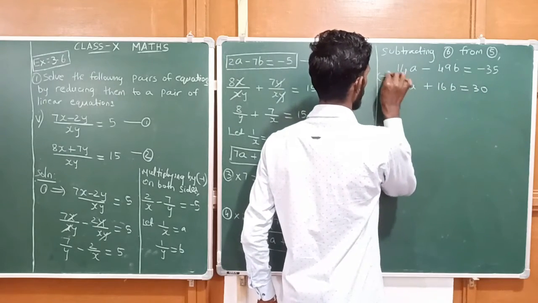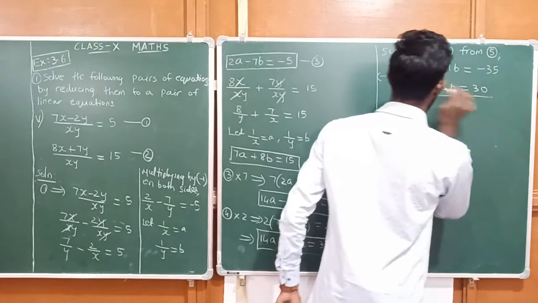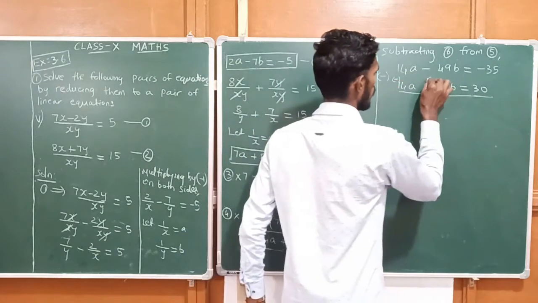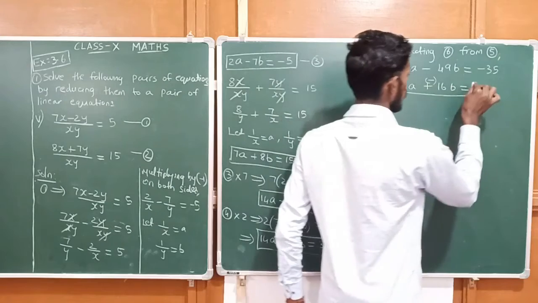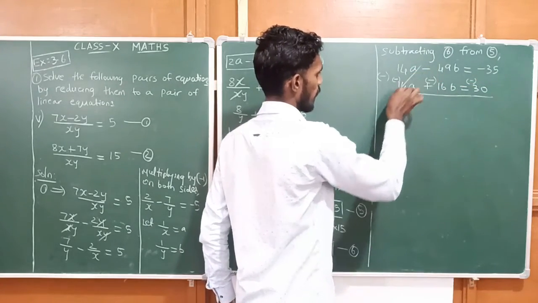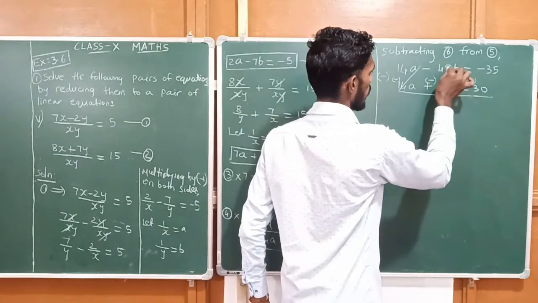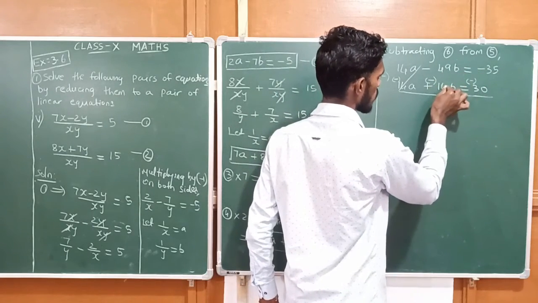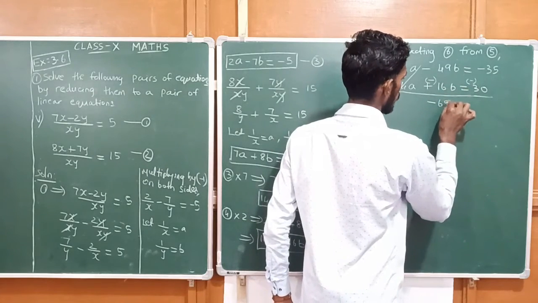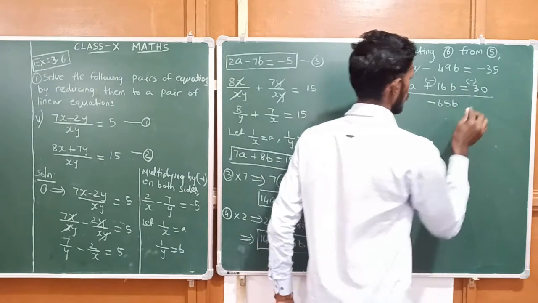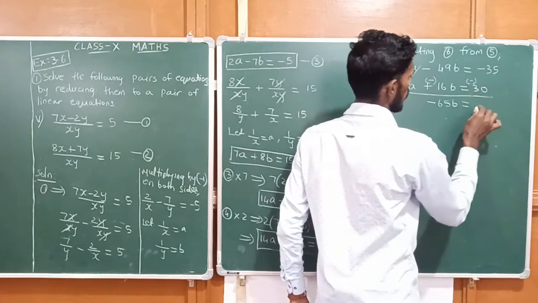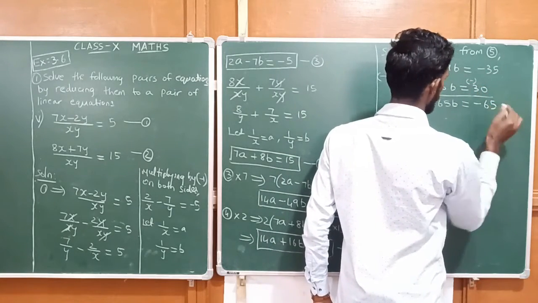Now on subtracting these two equations, the signs of the second equation will be altered. So it is minus 14a, minus 16b, minus 30. So 14a minus 14a will be cancelled, then minus 49b minus 16b will become minus 65b is equal to minus 35 minus 30, it becomes minus 65.